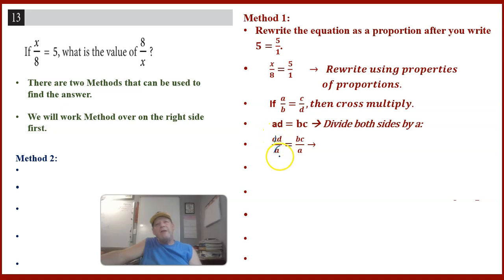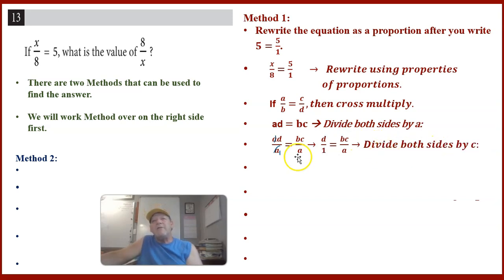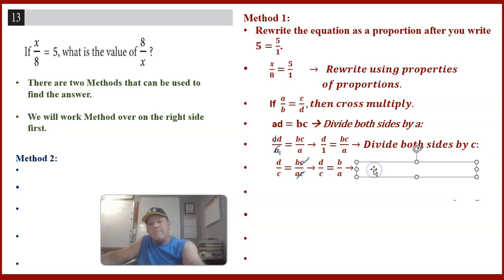And I've got D over 1 equals BC over A. Once I have that, I can divide both sides by C. And when I divide this D by C and this BC over A by C, I can cancel out the C's on the right. And I have another form, which is an equal proportion of D over C equals B over A.